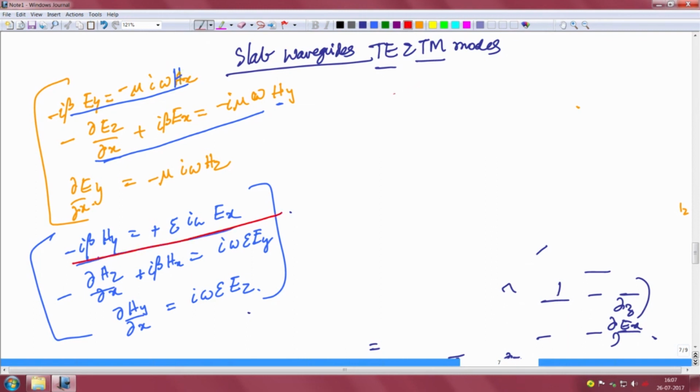So, let us combine these equations: dEz by dx plus I beta into Ex equals minus I mu omega into Hy, which can be combined with this to get Ez.